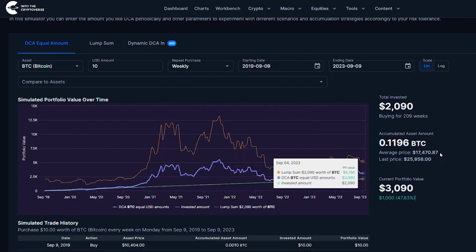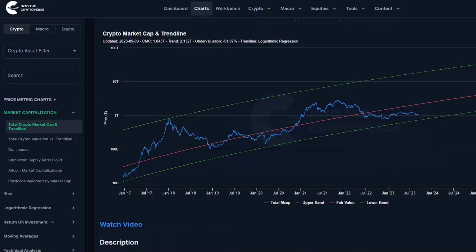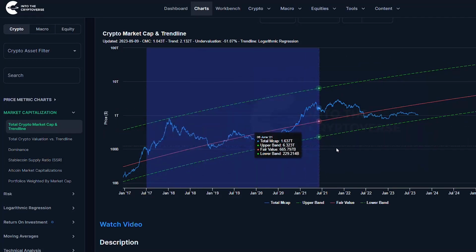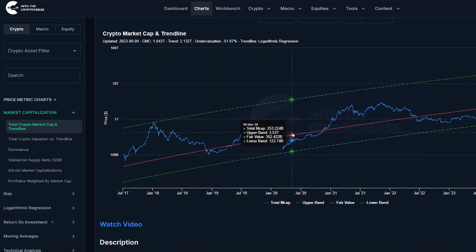So for example, you can set a rule that if the market cap is below its fair value, you DCA into the market. And on the opposite, if the market is above this fair value, you would DCA out of the market.